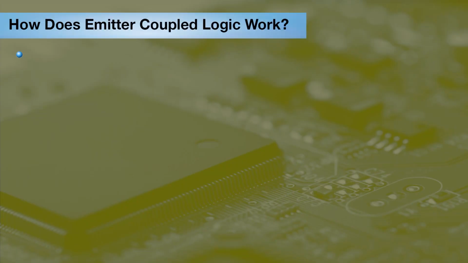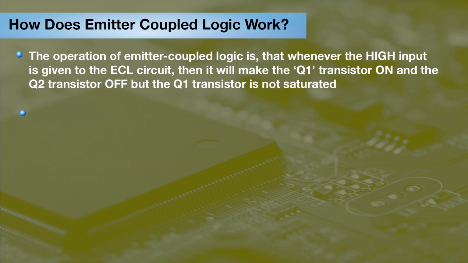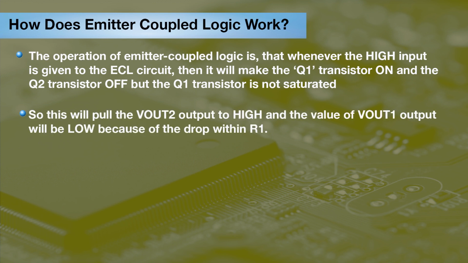Now we discuss how emitter coupled logic works. Whenever a high input is given to the ECL circuit, it will make the Q1 transistor on and the Q2 transistor off, but the Q1 transistor is not saturated. So, this will pull the Vout2 output to high. The Vout1 output will be low because of the drop across R1.